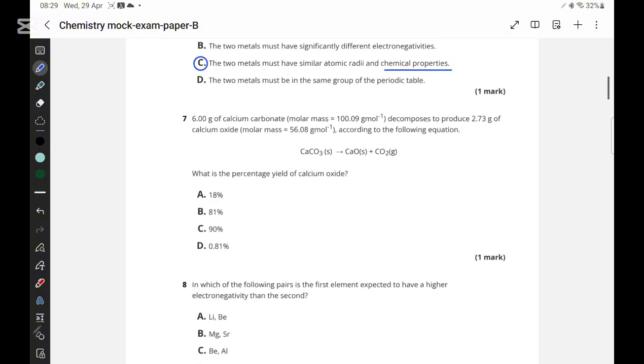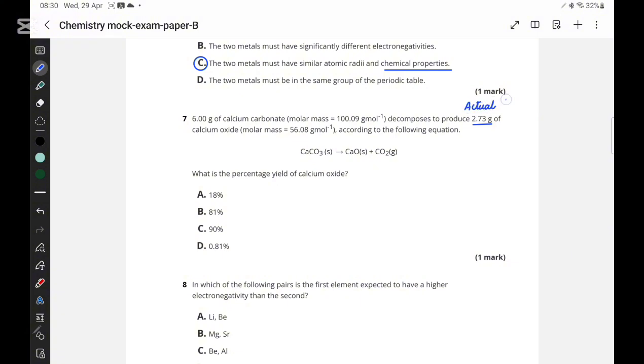Moving towards the next question, they are saying 6 gram of calcium carbonate decomposed to form 2.73 gram of calcium oxide according to the following equation. What is the percentage yield of calcium oxide? Now you can see the yield that has been given to you is going to be the actual yield.